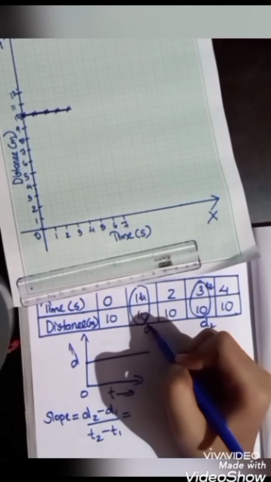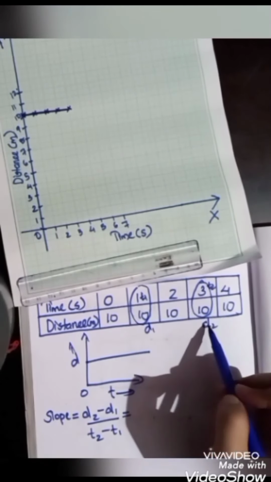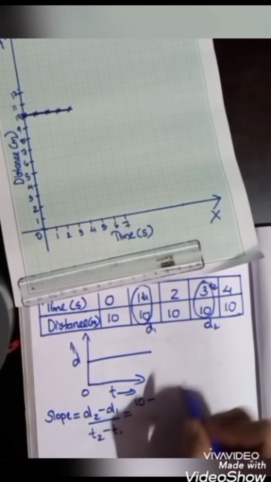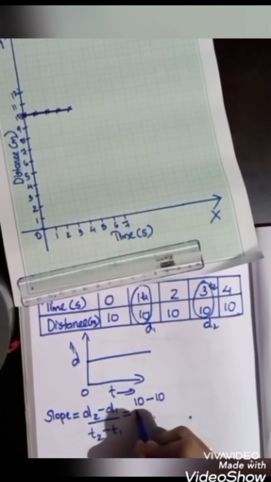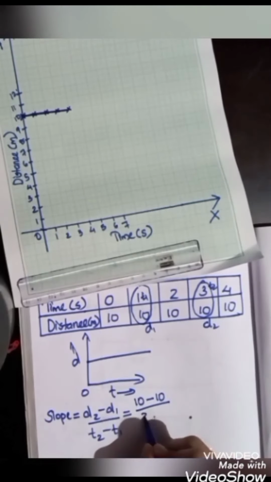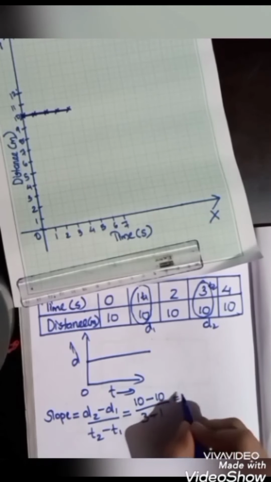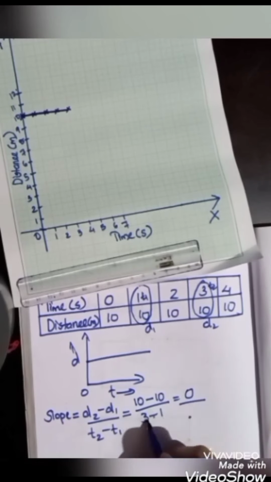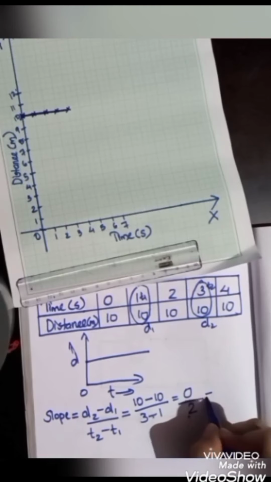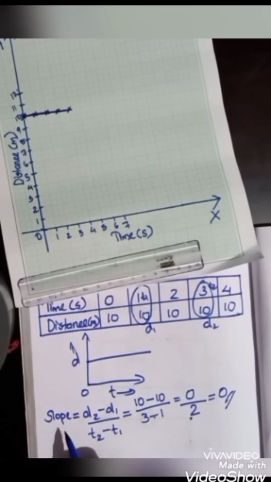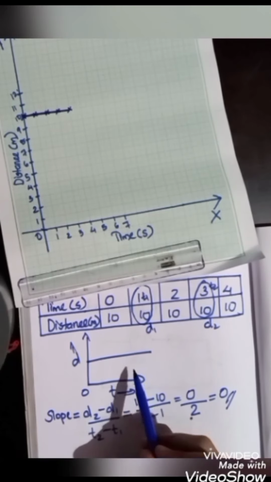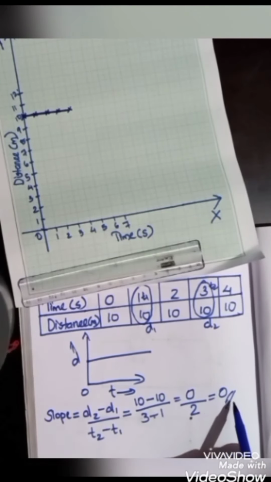So d2 minus d1 is 10 minus 10, divided by t2 minus t1, that is 3 minus 1, which is 2. So 0 by 2 is 0. So the slope of the distance-time graph of a body at rest will be 0.